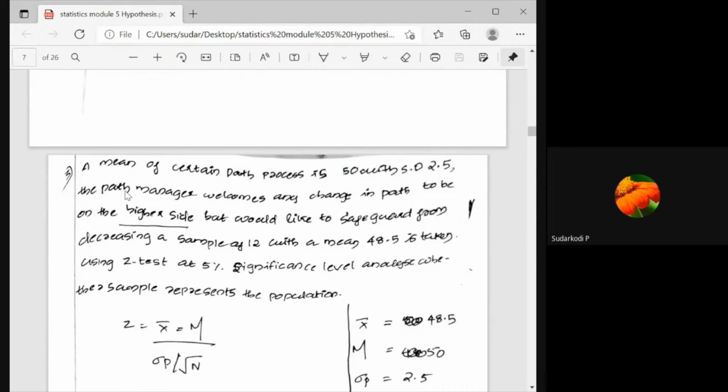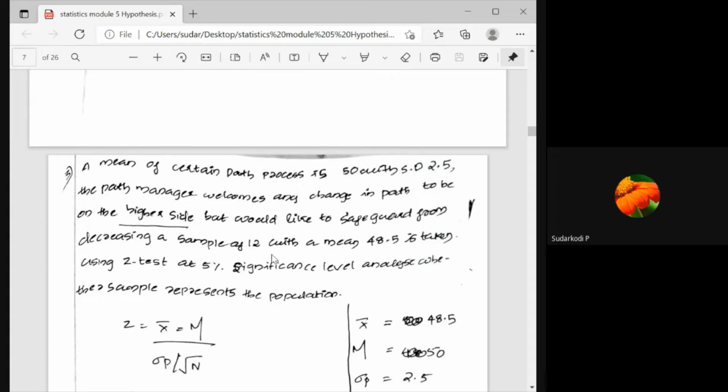The path manager welcomes any change in the path to be on the higher side, but would like to safeguard from decreasing. A sample of 12 with a mean of 48.5 is taken. That means first, the mean is given about the population. The population mean is 50. Okay, it's the mean of some path process and its standard deviation is 2.5.